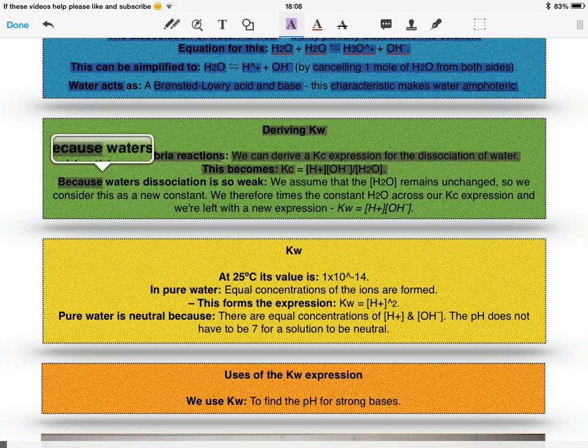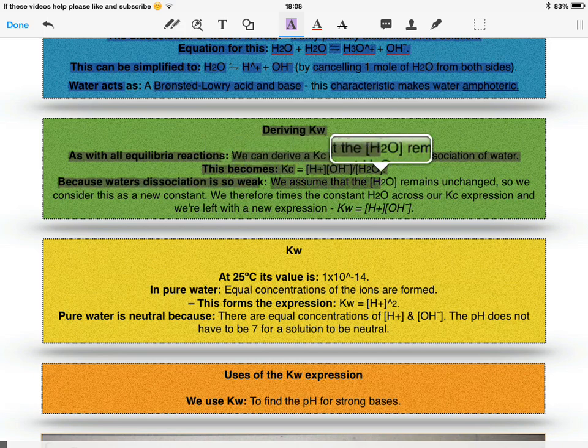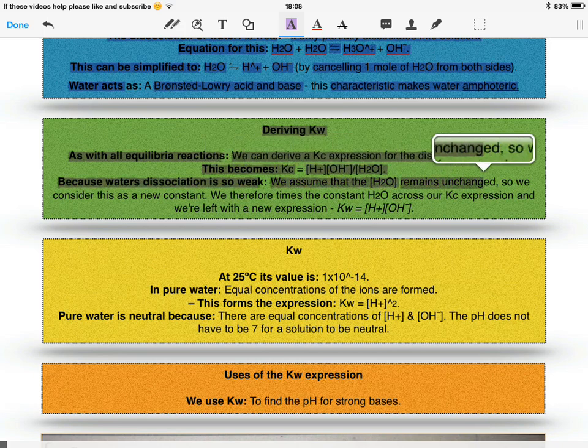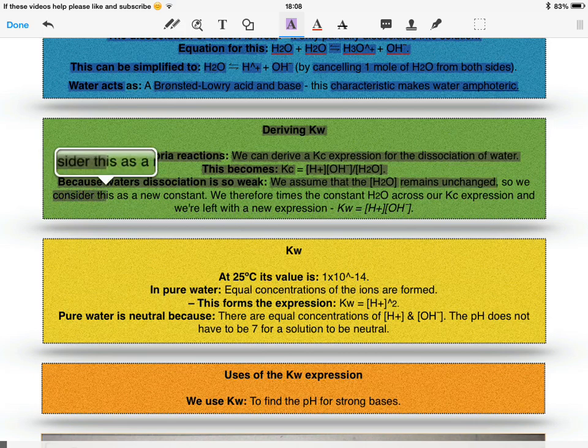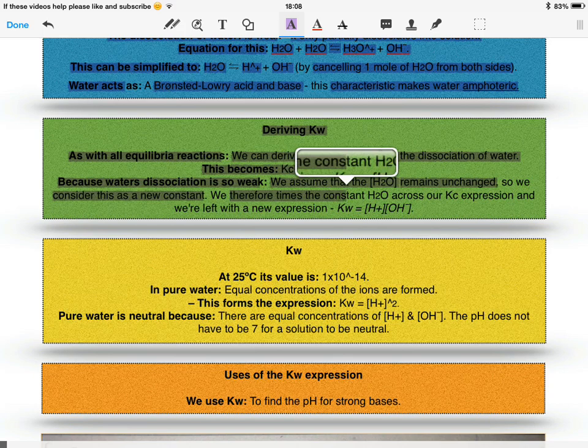Because water dissociation is so weak, though, we assume that the H2O concentration remains unchanged, so we consider this basically as a new constant. What we then do is multiply the Kc expression by the constant [H2O], and what we're left with is a new expression: Kw equals [H+] times [OH-], in square brackets.